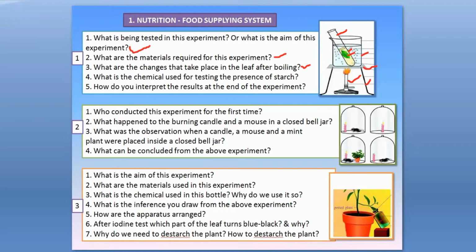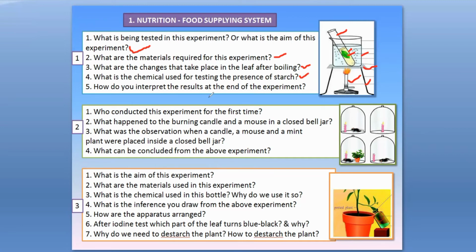So after boiling, chlorophyll will be separated from the leaves. Next, what is the chemical used for testing the presence of starch? Iodine reagent or iodine solution is used to test the presence of starch in the green leaves.